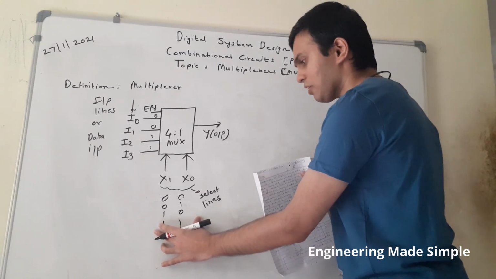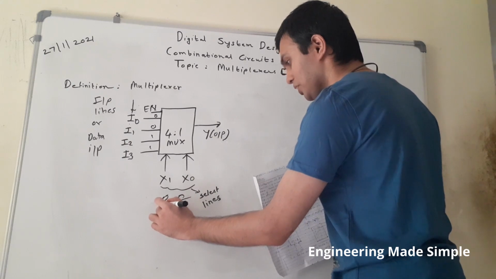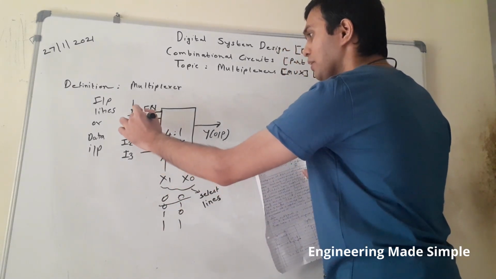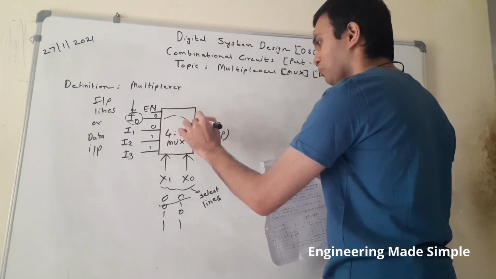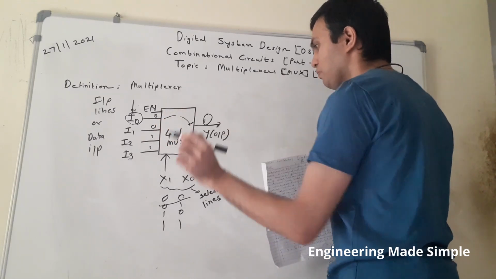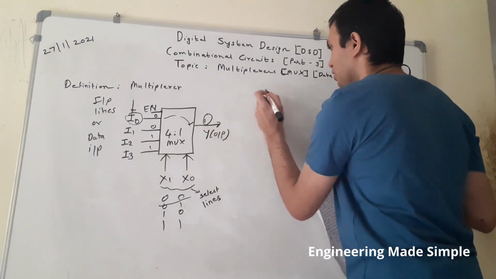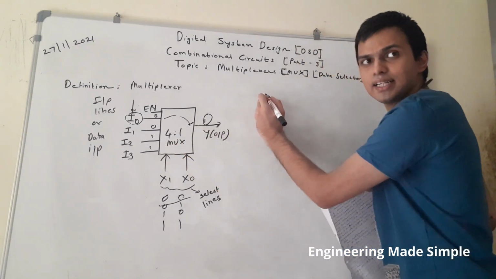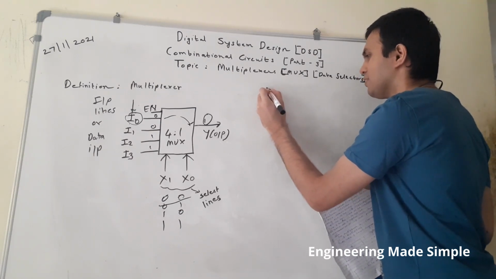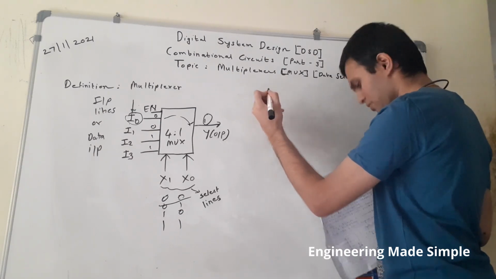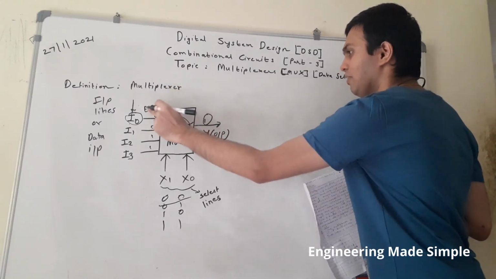Now what is the function of these select lines? Depending upon this combination of X1 and X0, a particular single input data is selected and routed to the output path. So now if we see the truth table of this 4:1 mux, you will understand this concept properly. Firstly, here is the truth table, without the enable, which I am writing right now.